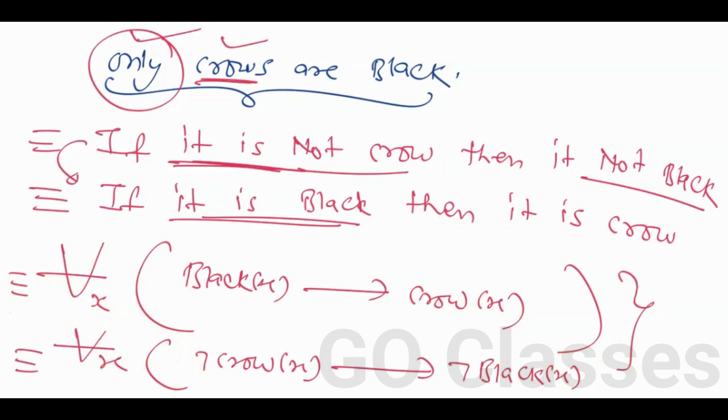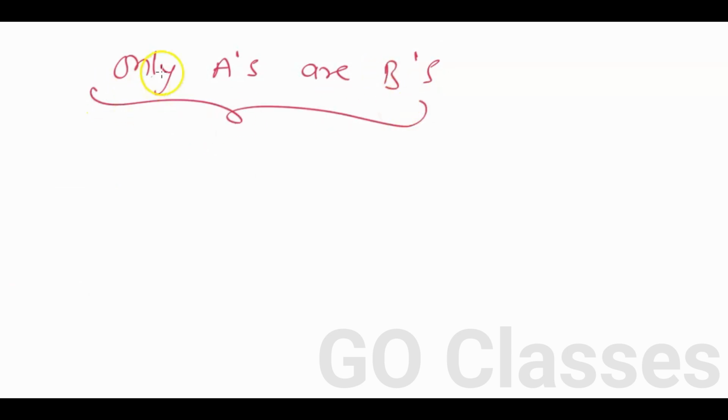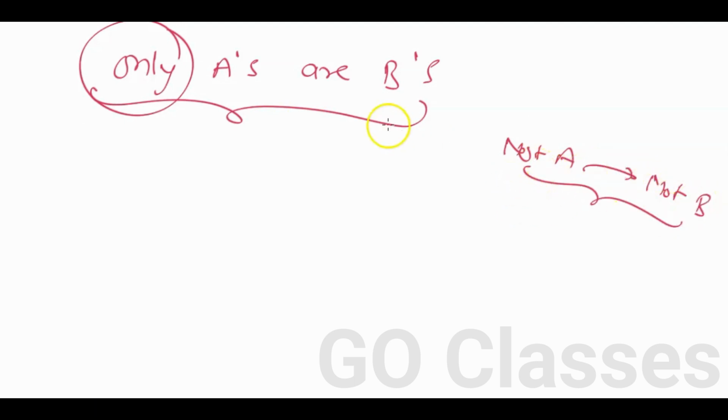So let me tell you the template. Template is very simple. Only A's are B's. So this is our template. It means if it is not A, then not B. So very simple, remember. If it is not A, then it is not B. Similarly, if it is B, then it is A, because of the contrapositive.